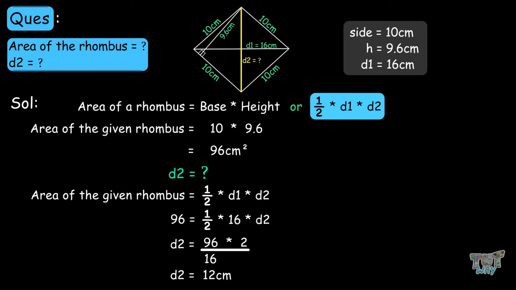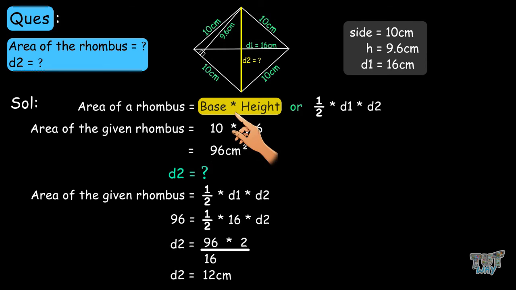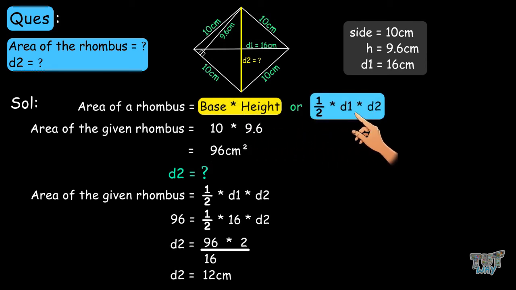I will repeat this question. We are given a rhombus shape, and here we have to calculate the area, where the side is 10 centimeters, and the height is 9.6 centimeters. The rhombus is a parallelogram, so we can use base times height to find the area, or half times d1 times d2.